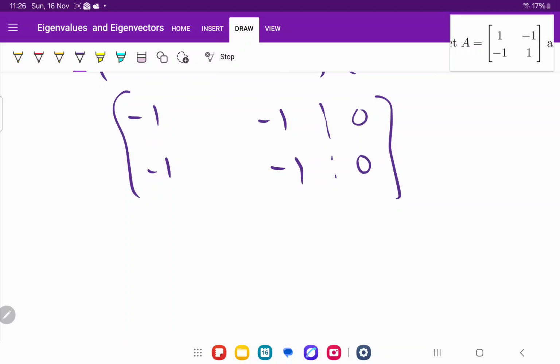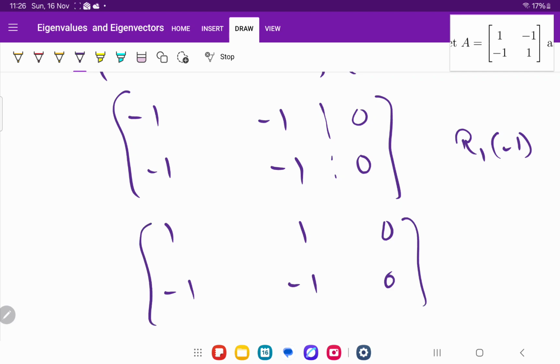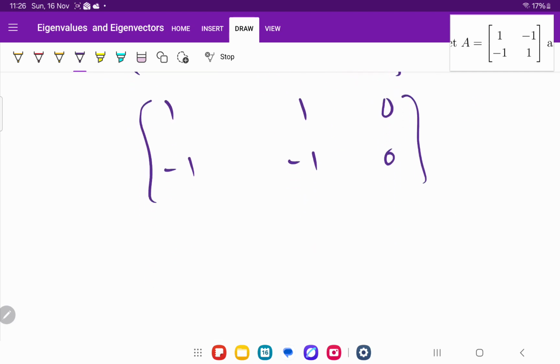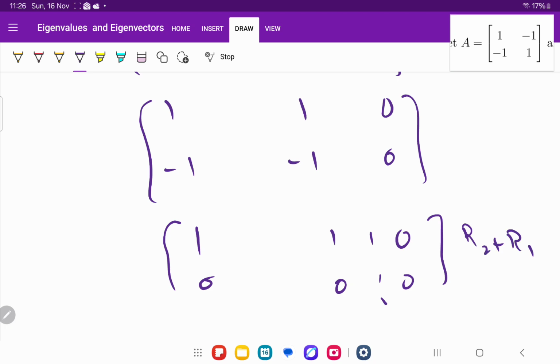Again, the leading element is minus 1. So we multiply row 1 by minus 1 to get 1, 1, 0. Then we add both of these equations, and we get 0, 0, 0 by adding row 2 with row 1.